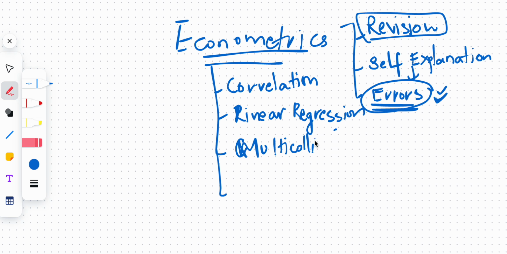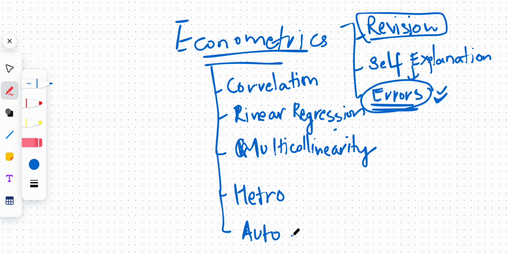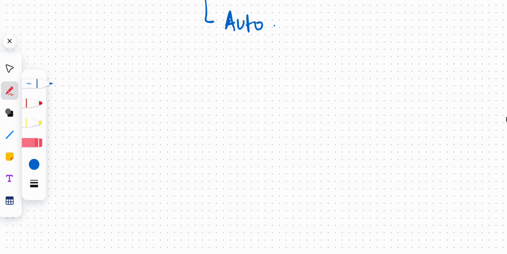Then heteroscedasticity. Then there's one more topic that we all know exists, that would be autocorrelation. So these are the topics that I would want to cover.